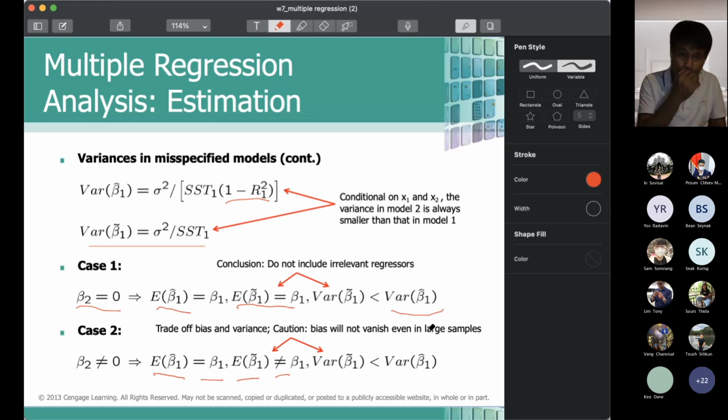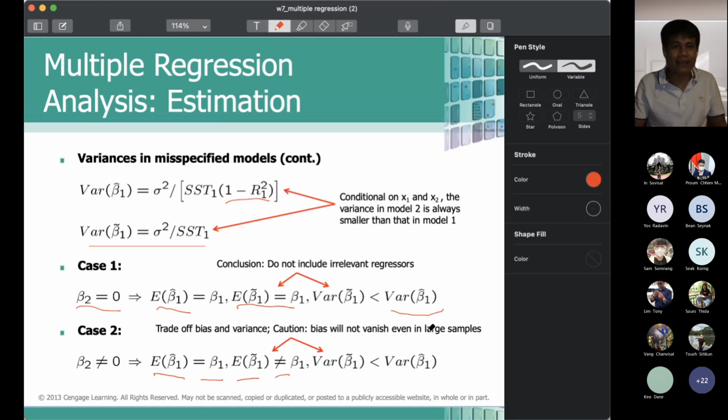That is why if you read a good journal or a good research paper, when they run any type of regression, they always have a large sample size. When they have a large sample size, they don't have to care about the multicollinearity issue that we discussed so far. But what they have to pay attention to is the omitted variable bias.